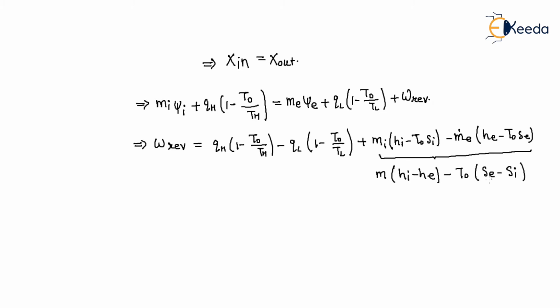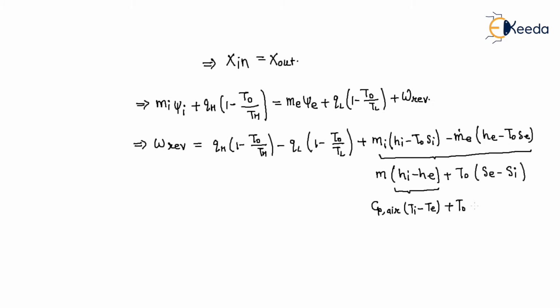If you take minus common, plus, so this is plus Se minus Si. So what is this? This is nothing but Cp of air (Ti minus Te) plus T naught.